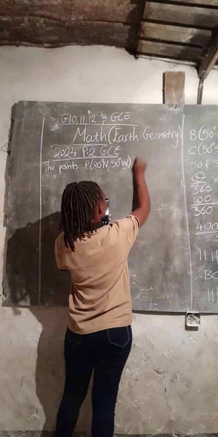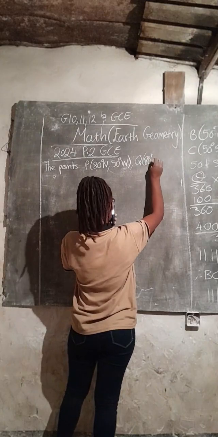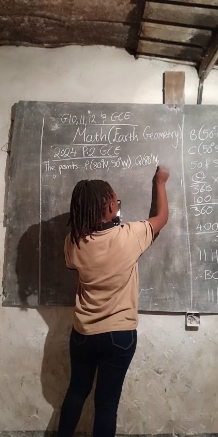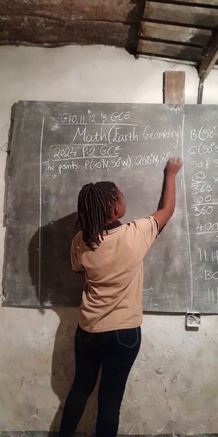Q is at 80 degrees north, 80 degrees east.